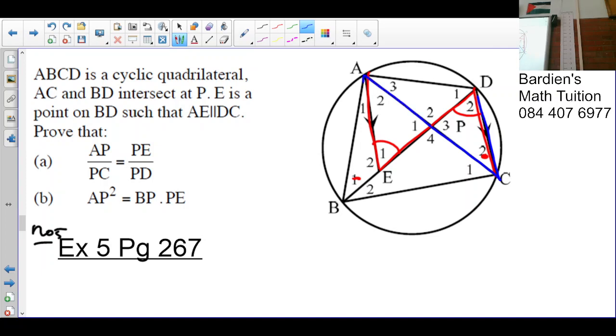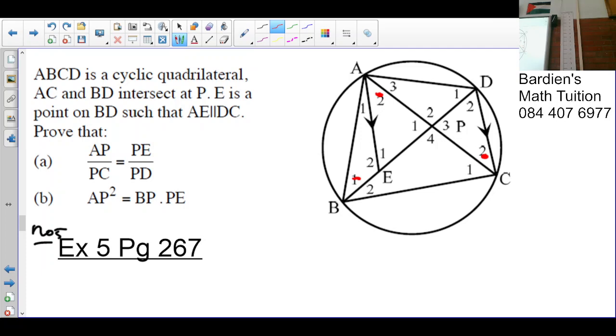C2 is actually also equal to A2. Alternate angles are equal. Okay, so I'm going to put one marking in. Sometimes I will do a marking and it was unnecessary to mark it, but that is just for us to see at one glance which angles we know at this point.